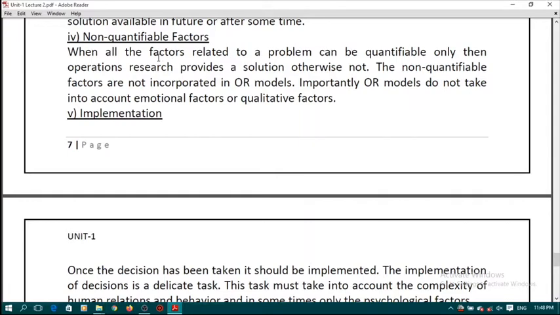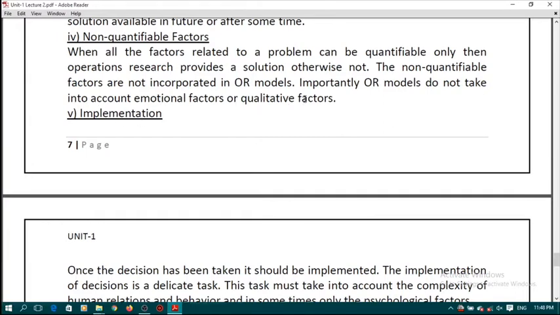non-quantifiable factors. Only when all the factors related to a problem are quantifiable does operation research provide a solution. Otherwise not. The non-quantifiable factors are not incorporated in the OR model. Importantly, the OR model doesn't take into account emotional factors.